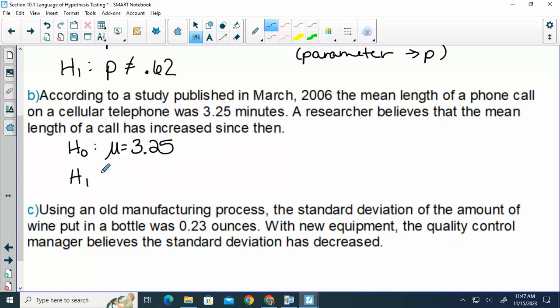The alternative is greater than 3.25. Is this left tail, right tail, or two tail? Greater than is to the right. What is my parameter on this problem?